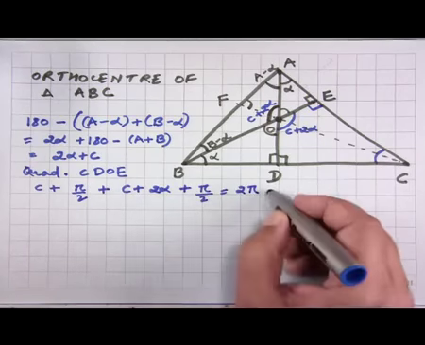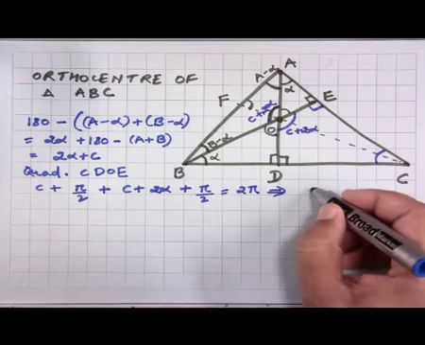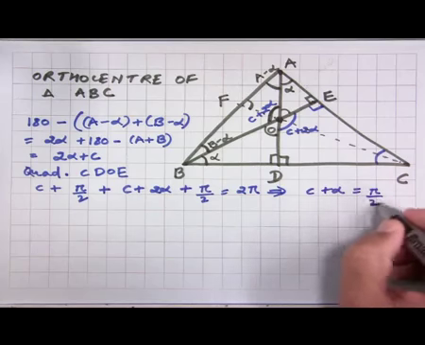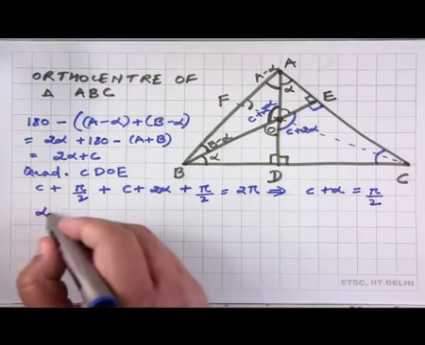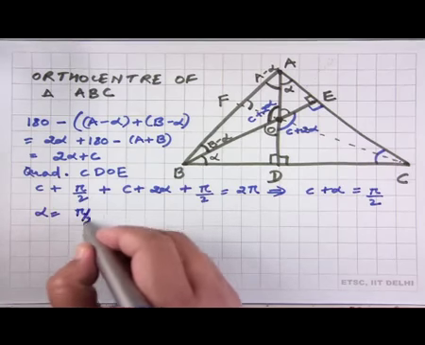And what this equation implies is that C plus alpha is equal to pi over 2, and therefore, this angle alpha is nothing but equal to pi by 2 minus C.